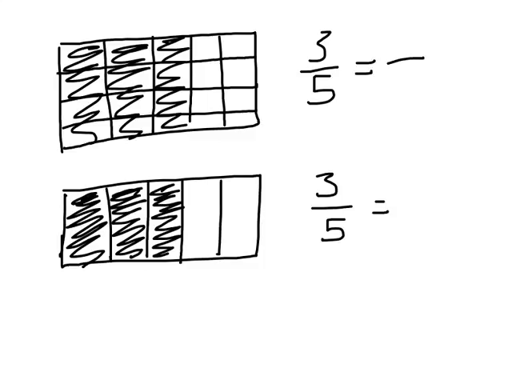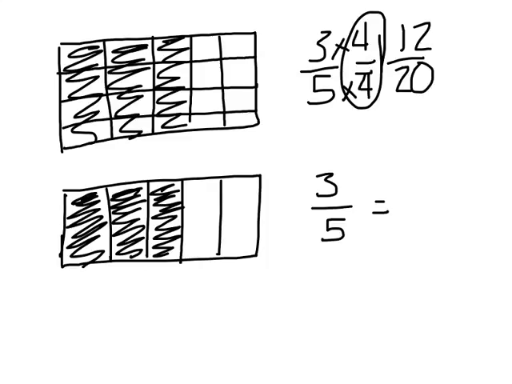But I cut it into 4 times as many pieces. So I multiplied 5 times 4, and I now have 20 pieces. And out of those 20, I have 3 times 4. I have 12 pieces. I multiplied by a fraction equivalent to 1, or the same number on the top and bottom.